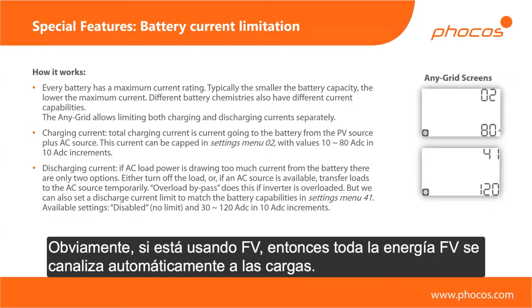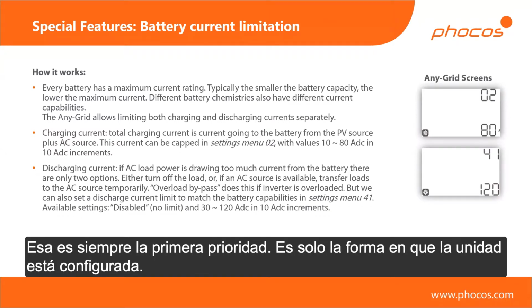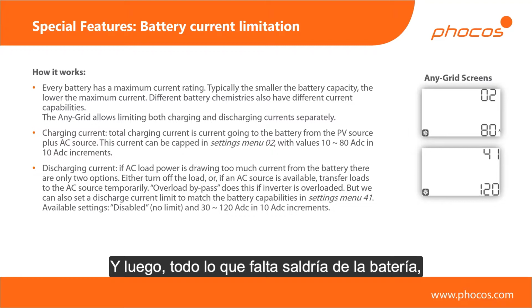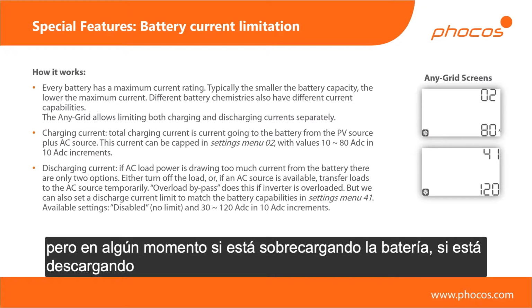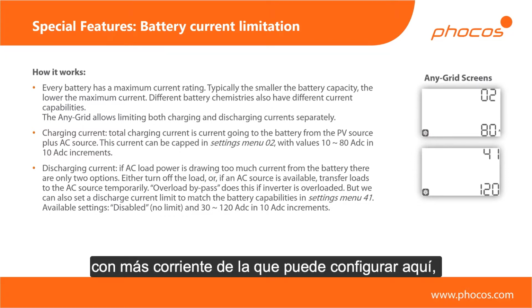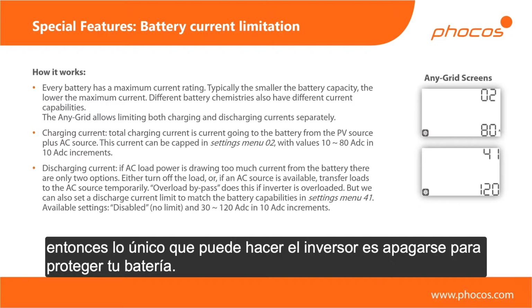Obviously, if you're using PV, then all of the PV power is automatically piped right to the loads. That's always the first priority. It's just the way the unit is set up. And then anything that's missing would come out of the battery. But at some point, if you're overloading your battery, if you're discharging with more current than you can set up here, well, the only thing the inverter can do is shut down to protect your battery.